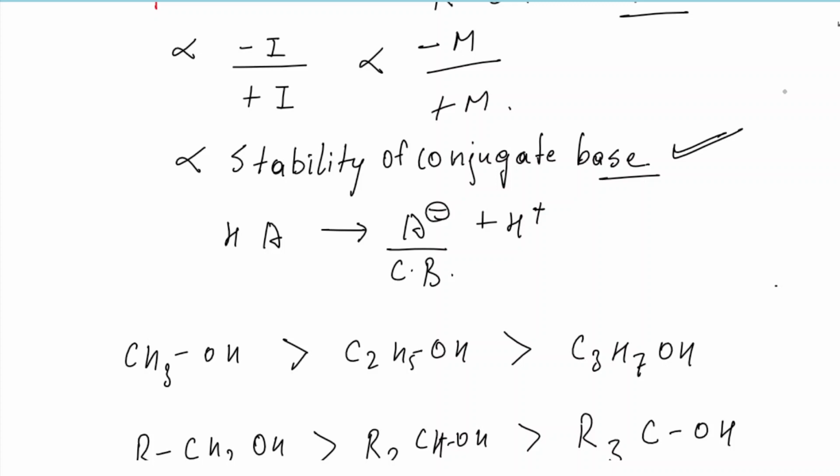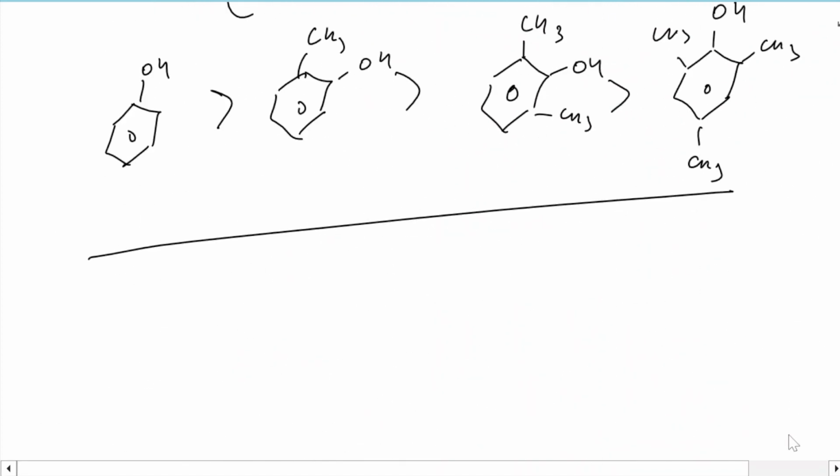Then the resonance factor and all will be considered according to the stability of the conjugate base only. So that's brief about the acidity of alcohols and phenols. We will limit our discussion of the acidity of alcohols and phenol up to here only.